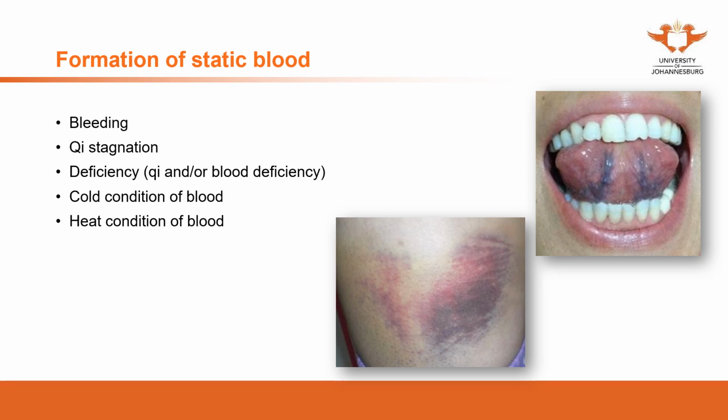So these are the main causes or the main formation of the static blood.